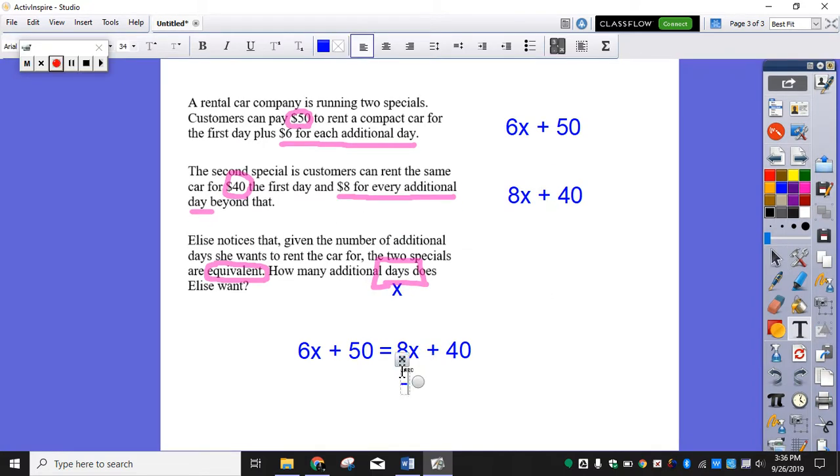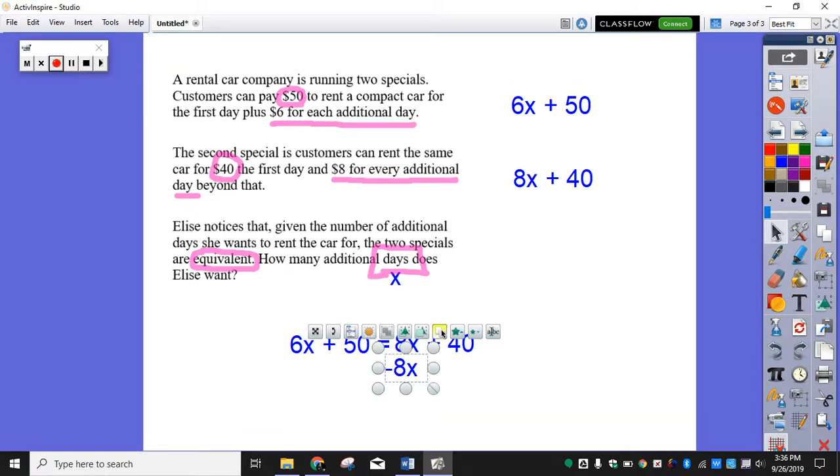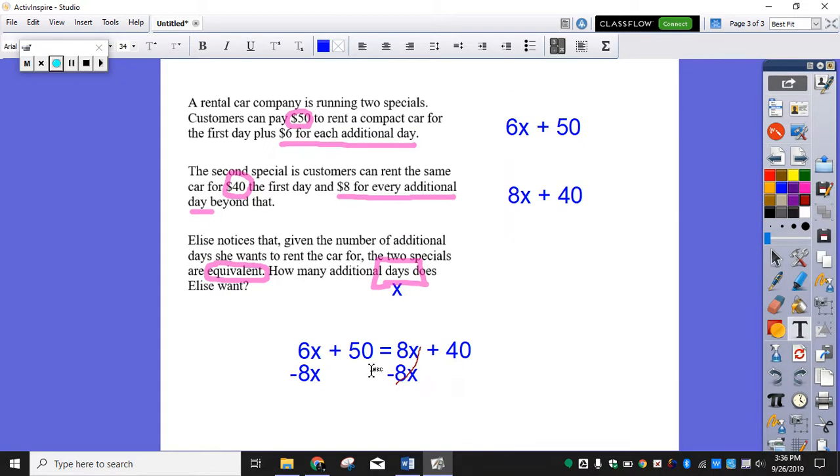So I would have a negative 8x on both sides to represent that I want the 8x to move from that side to this side. 8x minus 8x is 0. And so when I simplify 6 minus 8, that's negative 2. Don't forget your x. And then I still have that plus 50. And it equals, and then what I'm left with here on the right is 40.